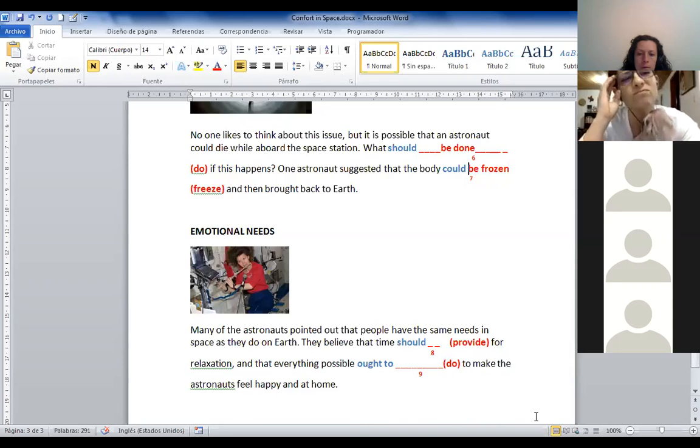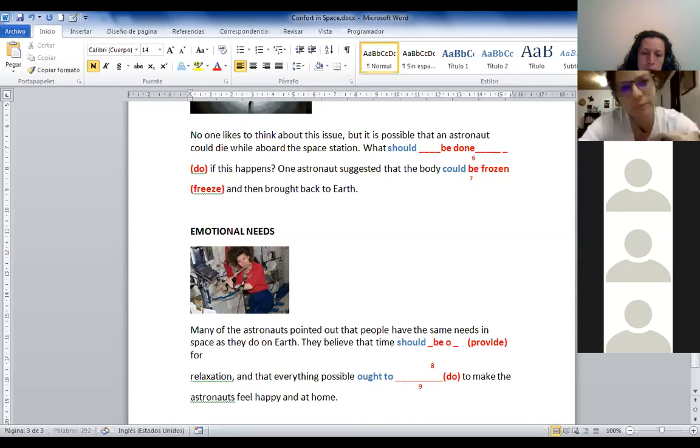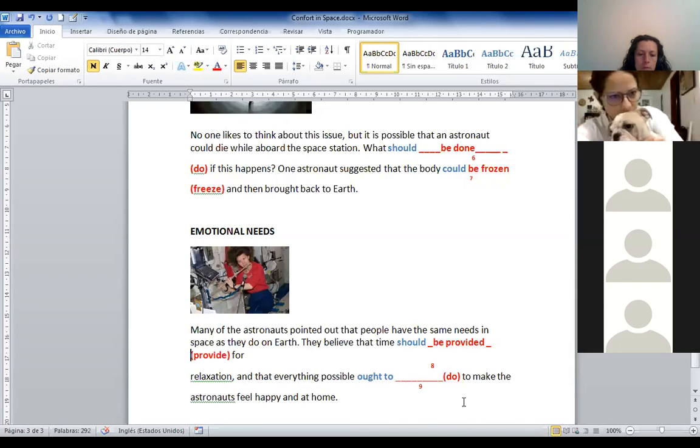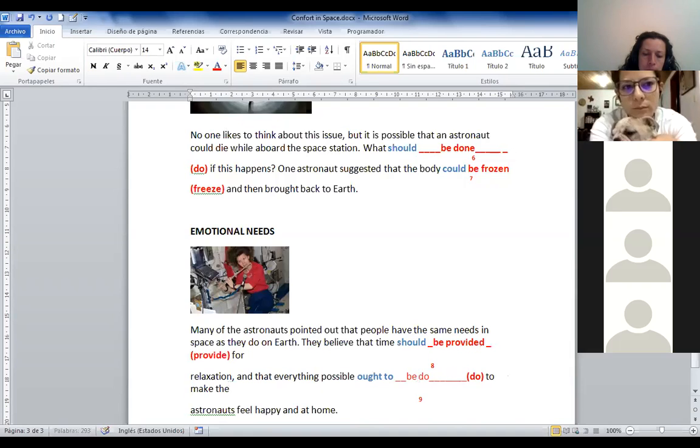They believe that time should be provided for relaxation, and that everything possible ought to be done to make the astronauts feel happy and at home. And that's it.